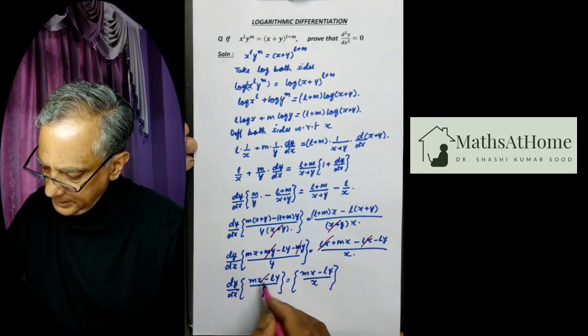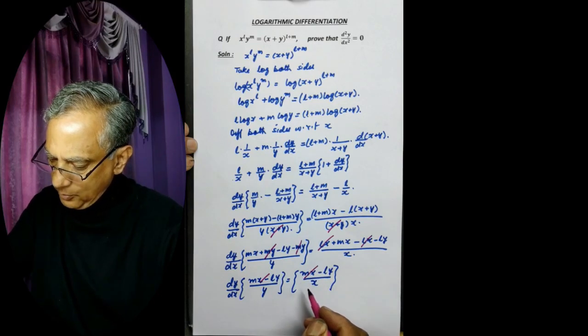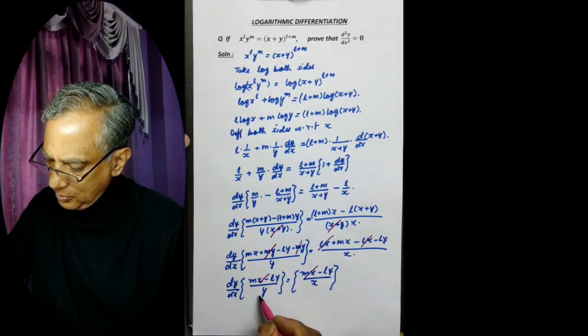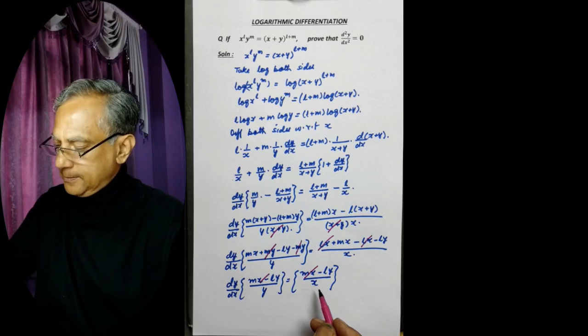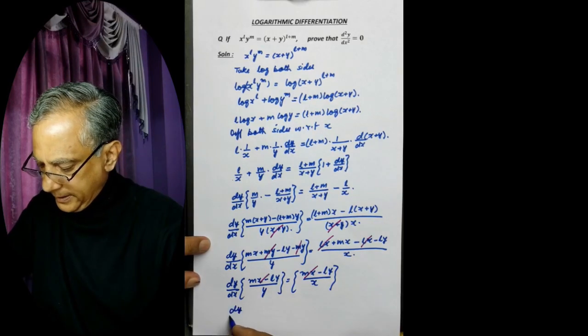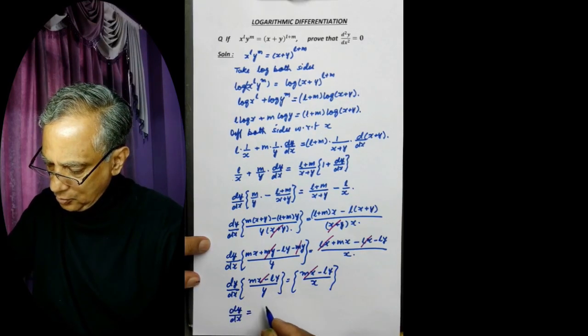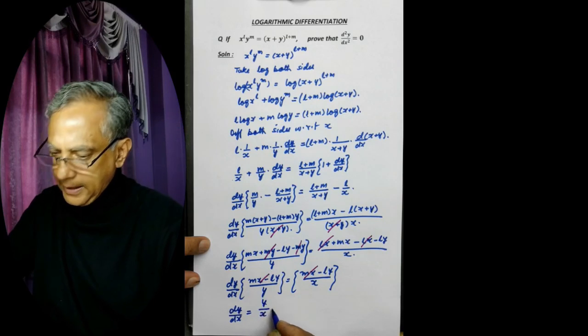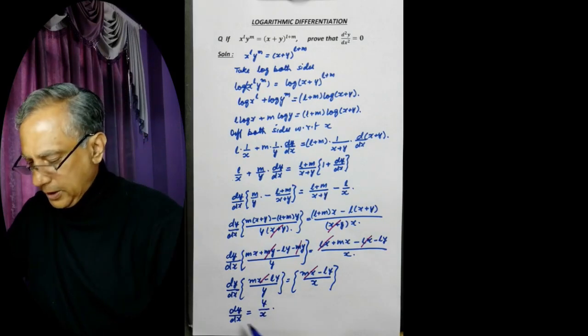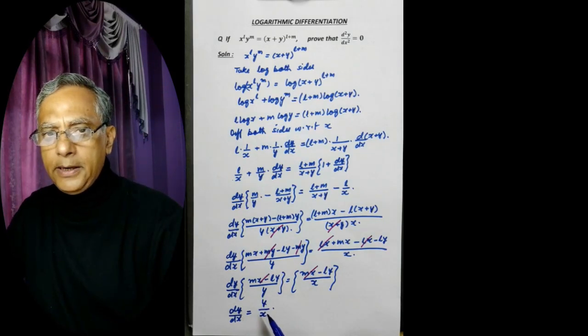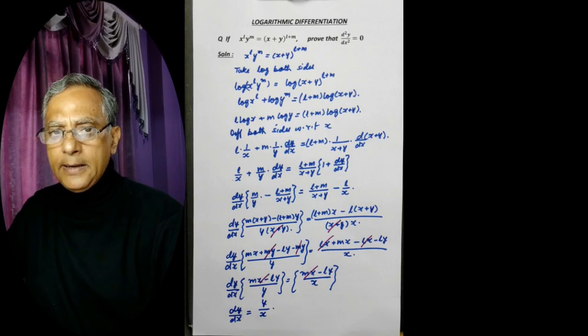This cancels with this, and we get dy by dx is equal to y by x. So the first order derivative dy by dx is equal to y by x.